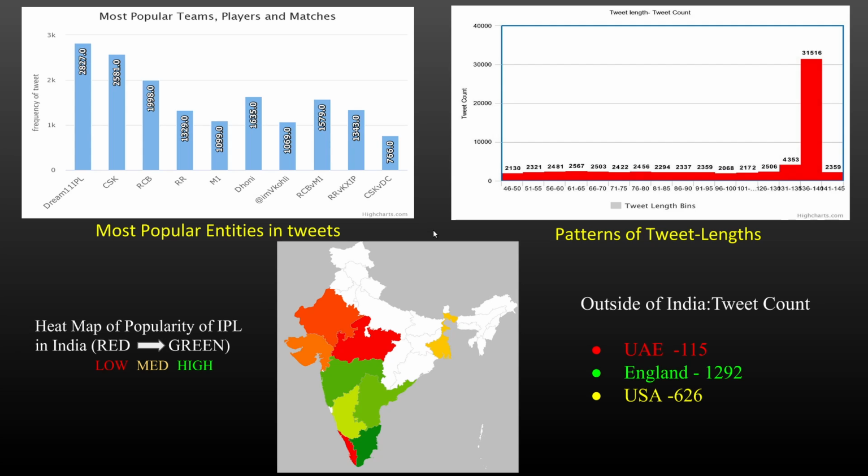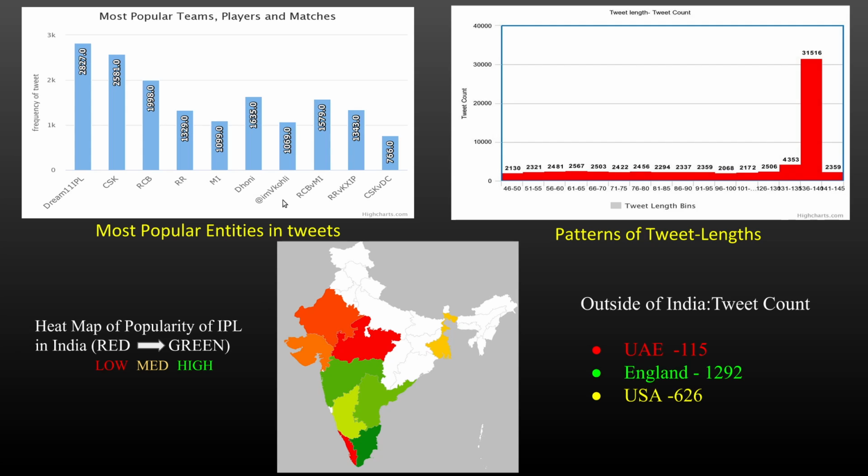Going through the first bar graph, it's about the most popular entities, which we could obtain through the results of unique words. In this bar graph, we could see the most popular teams in IPL as CSK and RCB, followed by RR and MI, and we could even obtain the most popular named players, who are Dhoni and Virat Kohli.